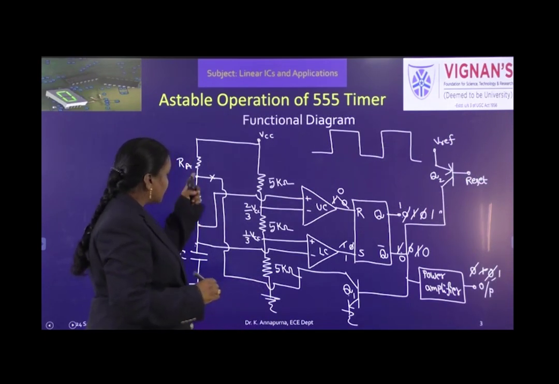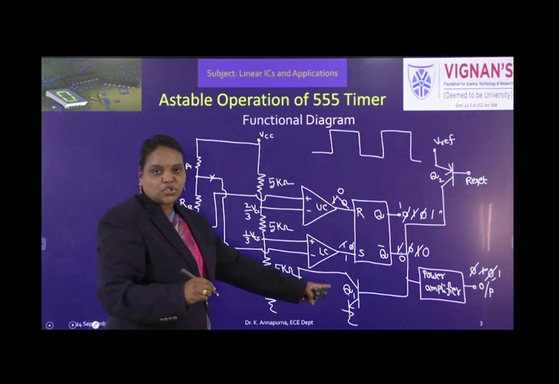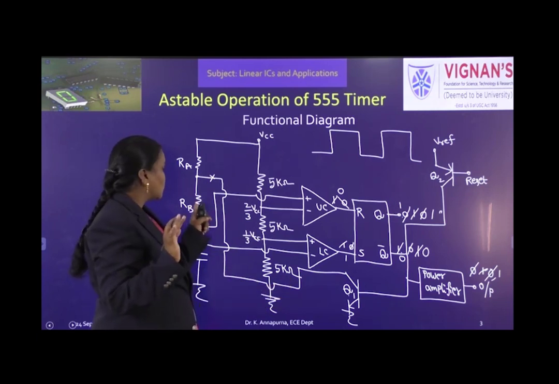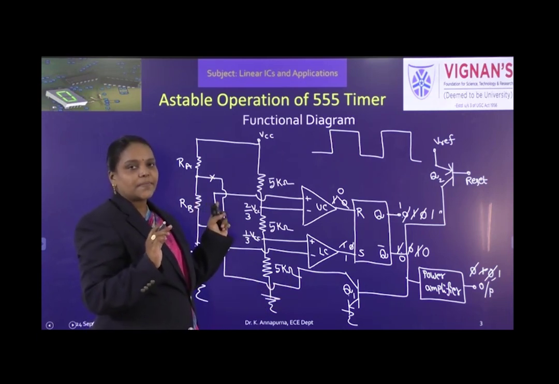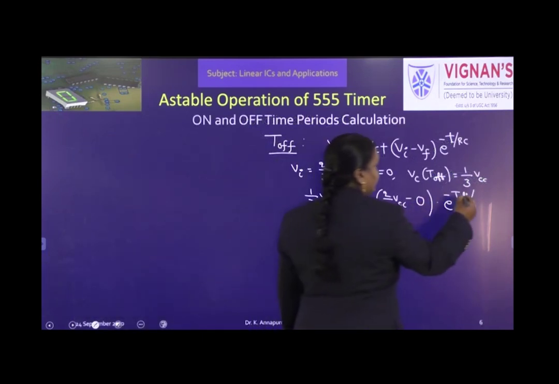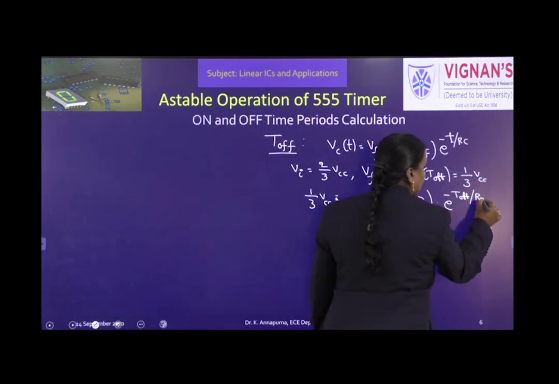It is RB and on resistance of this Q1. But on resistance of Q1 is very small, you can neglect it. So only RB is the discharging path resistance and C is the capacitor name. So in the place of R, you write RB into C.